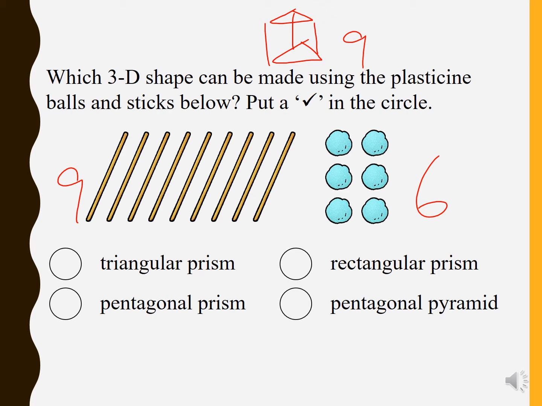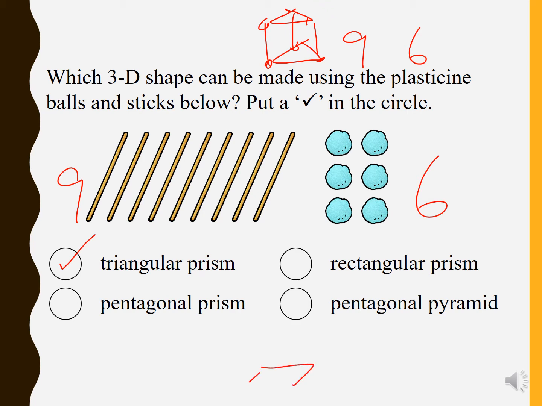And for the plaster symbols, 3 at the bottom, 3 on top. So we need 6. So we can make triangular prism. What about rectangular prism? So look at its base shape.